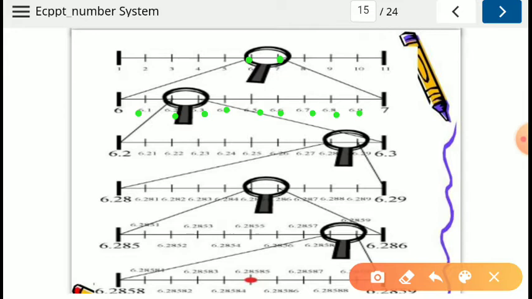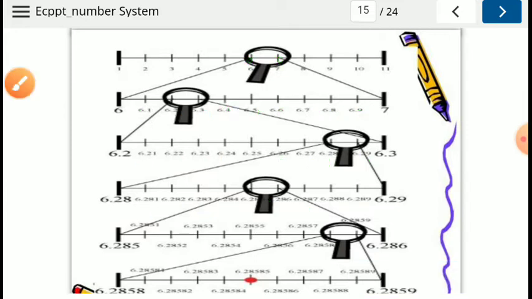Now between 6.2 and 6.3, if you are expanding, 6.21, 6.22, 6.23 like this, these numbers will be there. And here if you are expanding, 6.28 will come here, 6.29 will come. Between them again 6.281, 282, 283, 284, 285, 286, 287. Like this it goes on magnifying.